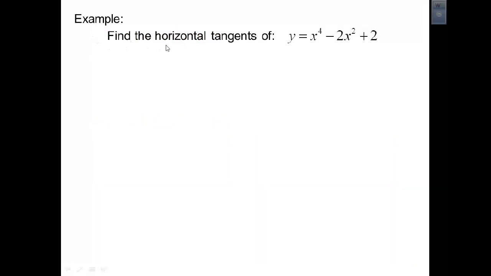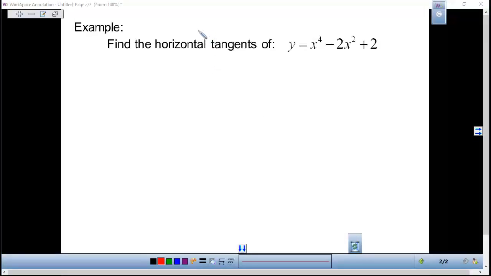All right, so let's find the horizontal tangents of that x to the fourth minus 2x squared plus 2. Now, if you remember, horizontal tangents mean that the slope, y prime, equals 0.